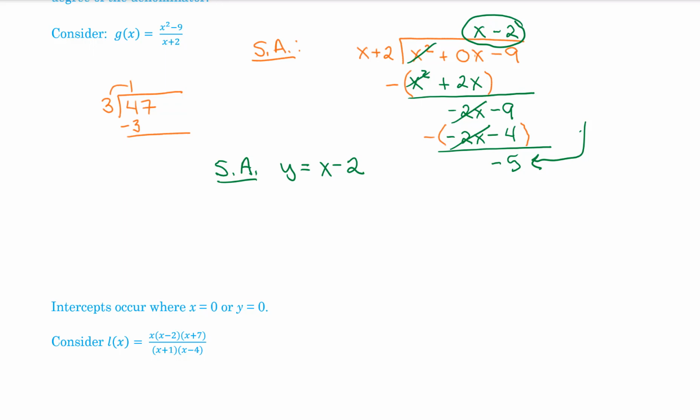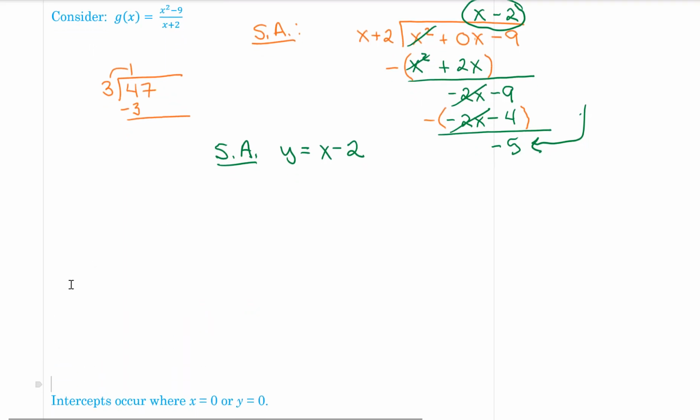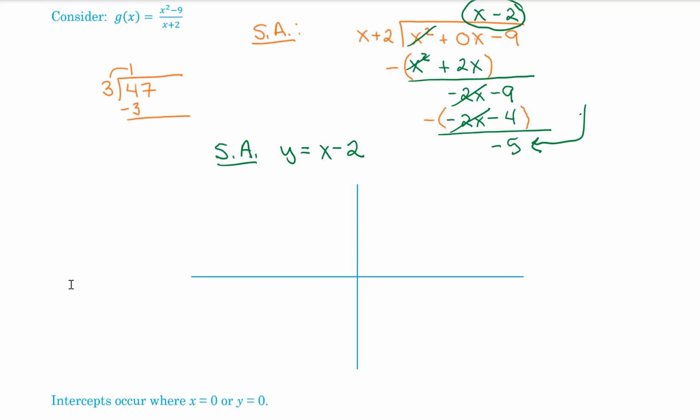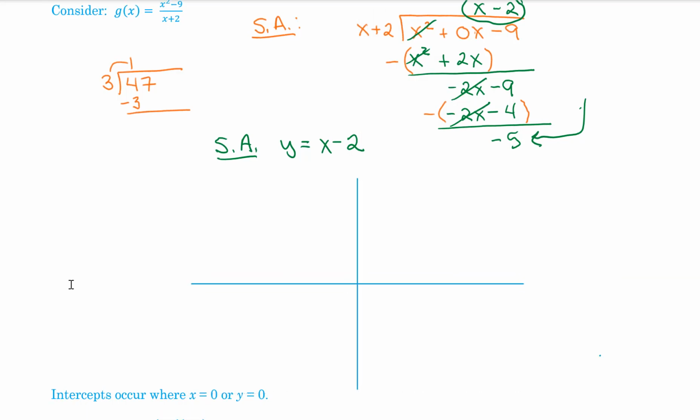When I go to graph this function, I'm going to have some other asymptotes, but I'm also going to have a situation here where I have a slant asymptote at x minus 2.